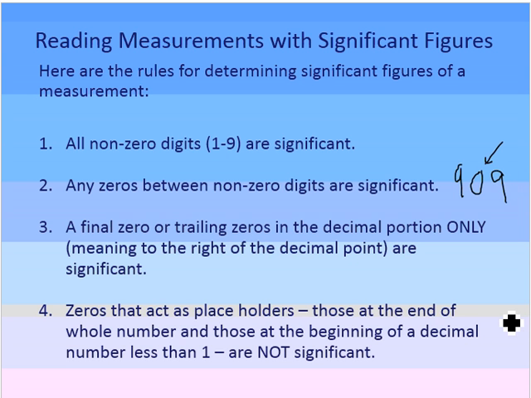Here's where it gets a bit dicey for everybody about those extra zeros, those zeros that are either at the beginning of a number or the end of a number. What's the rule with those? So here's a good way to remember. Any final or trailing zeros, meaning zeros that come after a series of significant digits, are only significant if they are in the decimal portion of the measurement, meaning to the right of the decimal point.